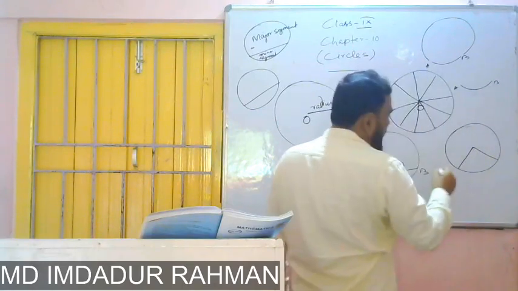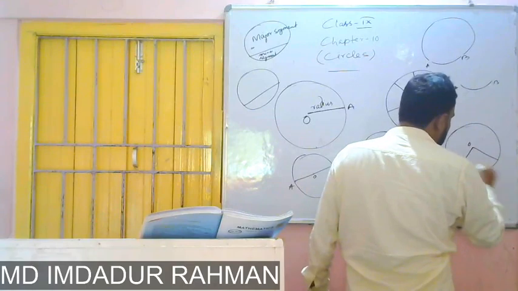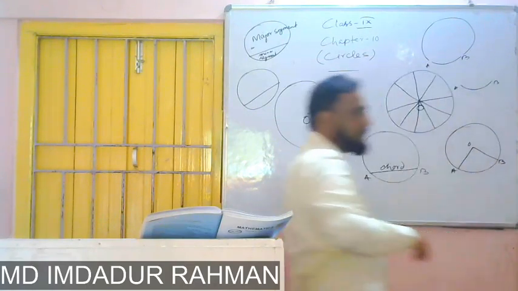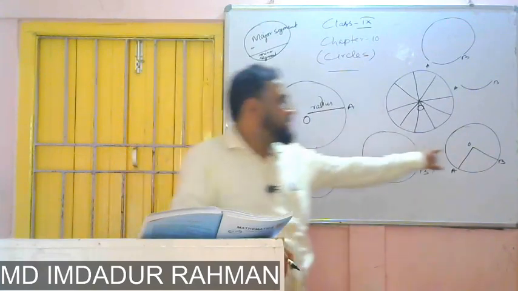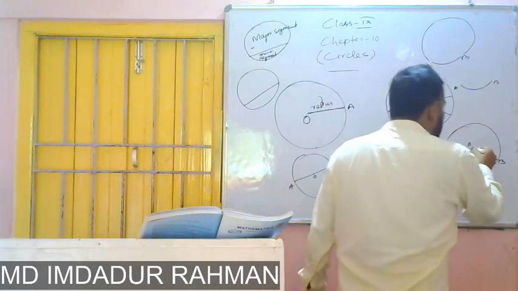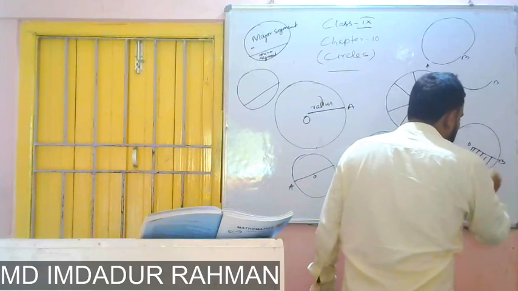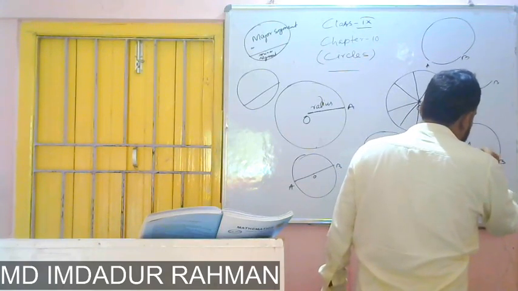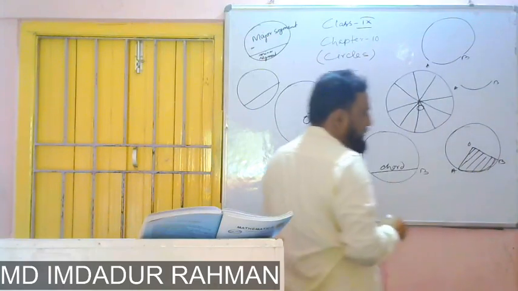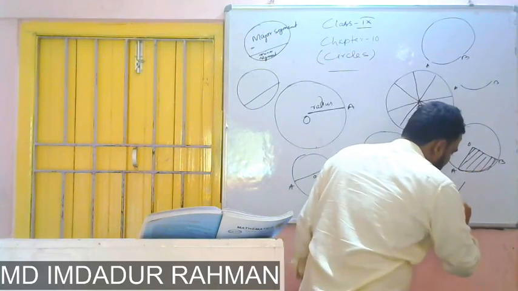Okay. OA and OB are the radii, plural form of the radius, radii of the circle, and the area bounded by two radii and the corresponding arc is called sector of the circle.